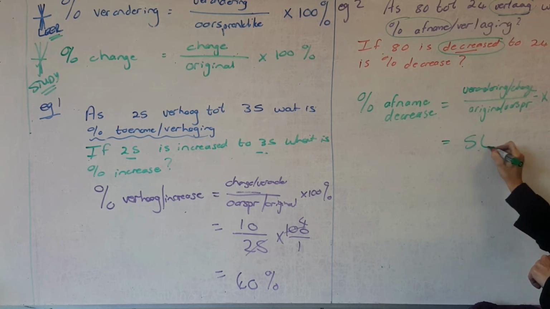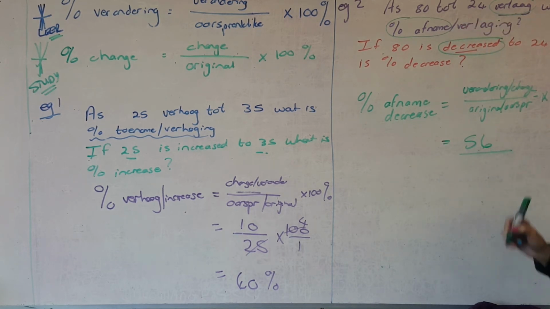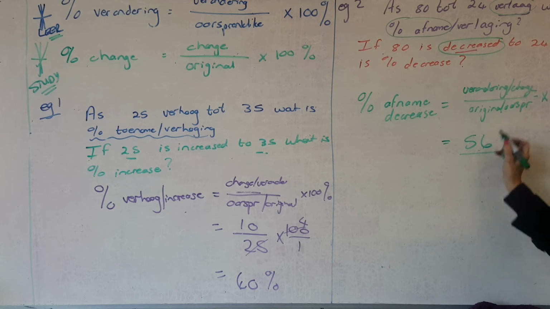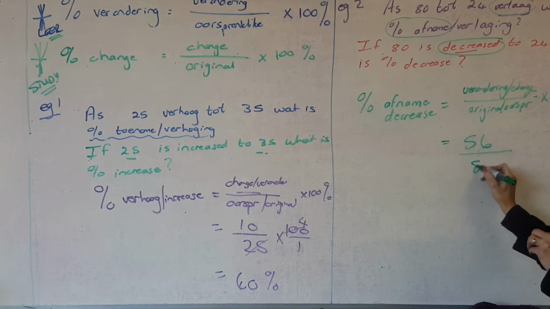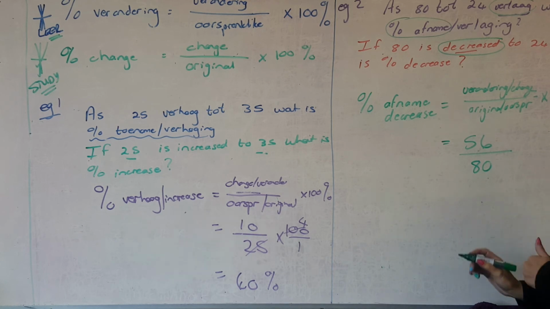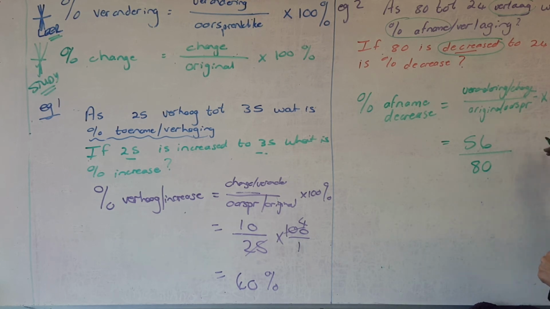There was a 56 change. The change between 80 going to 24 is a 56 change. The original, die oorspronklike bedrag was 80. It was 80 originally, then it decreased. Original.